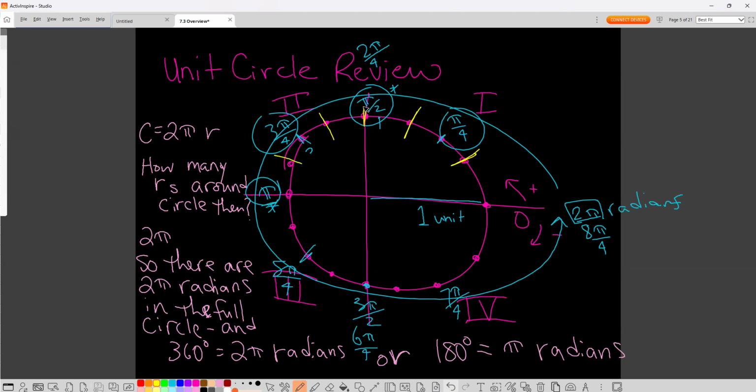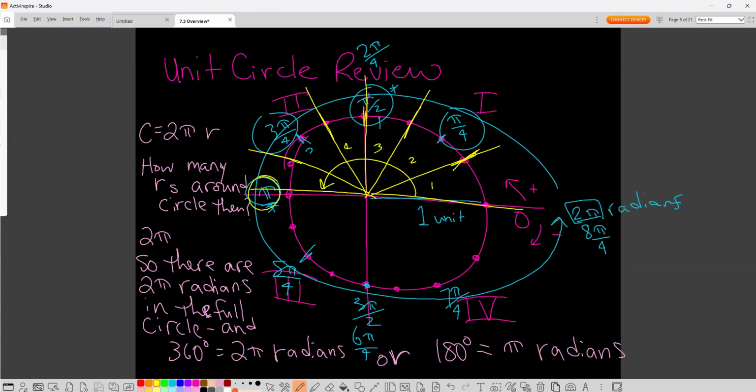So if you split them up into pie pieces, how many pieces of a pie do you have in this top half? Remember how many radians around here? Pi. Well, how many parts did I cut it up into? 1, 2, 3, 4, 5, 6. So each one of those is a sixth of that pi.